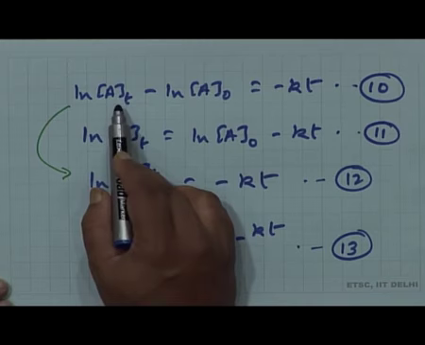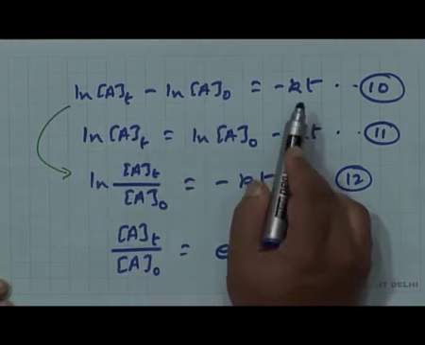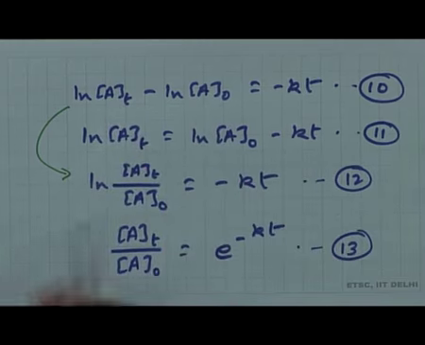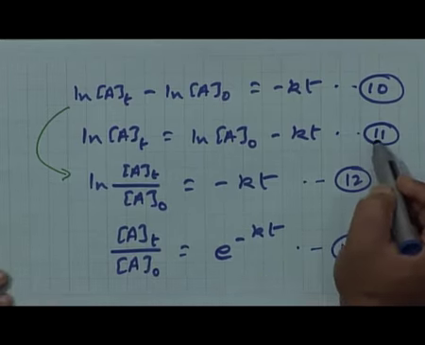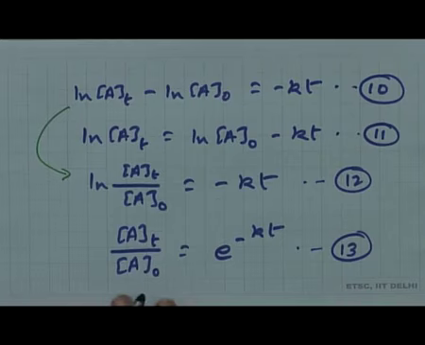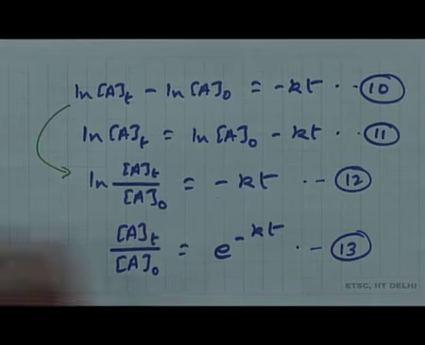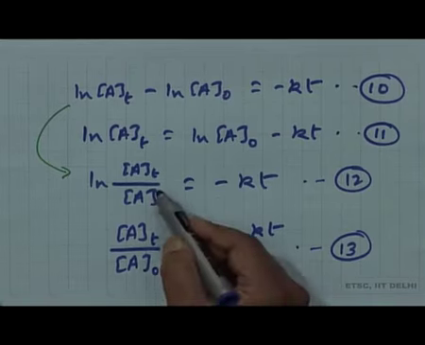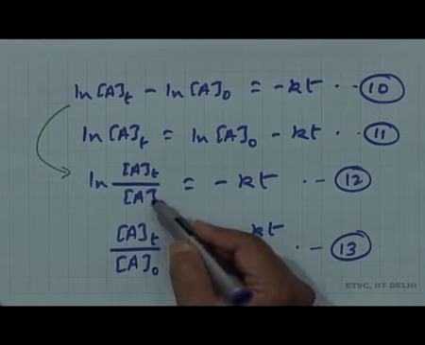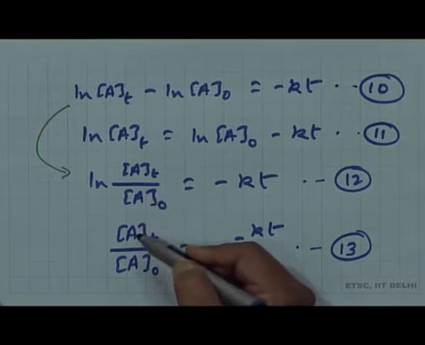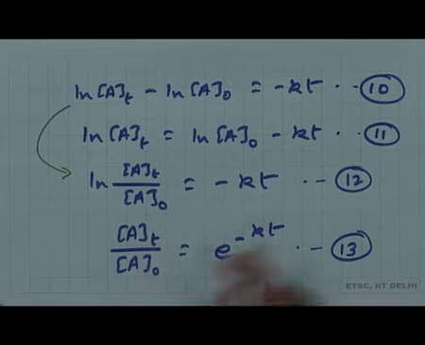So, natural log of A t minus natural log of A naught is equal to minus k t. If you rearrange this in this form, then from 10 I get 11, right. The other way of doing it is, instead of keeping it in the form of 11, I express it in this form, where natural log A of t over A naught is equal to minus k t.